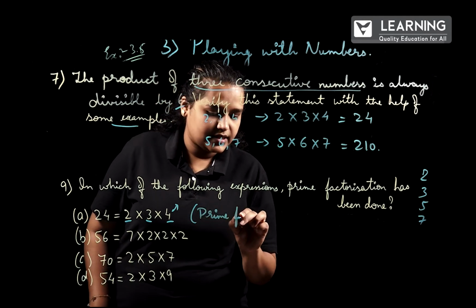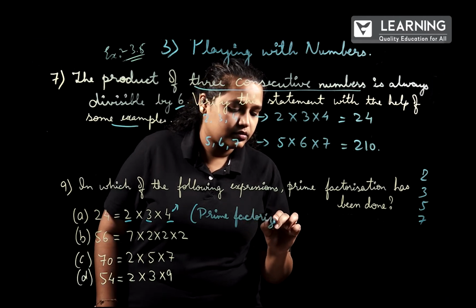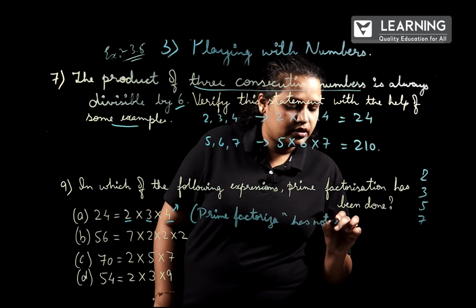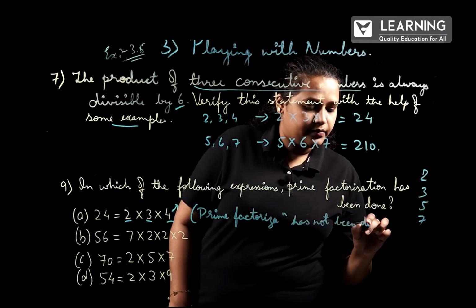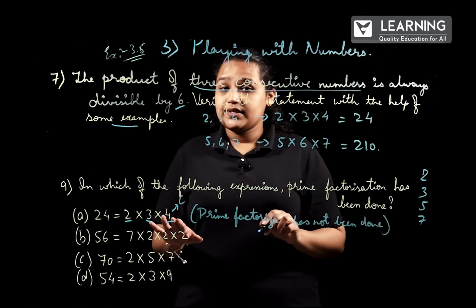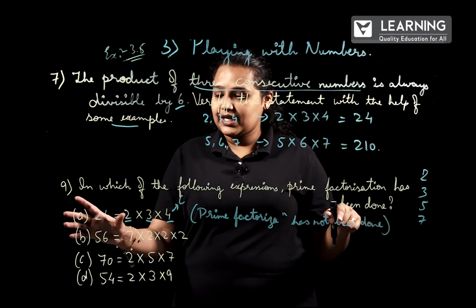Prime factorization has not been done. Reason? 4 is composite, that's the reason prime factorization has not been done in the first expression.